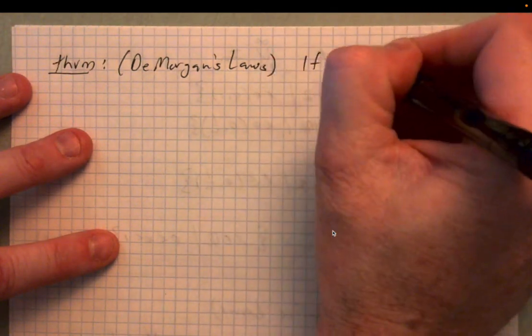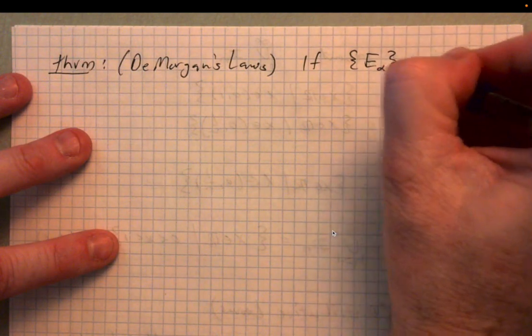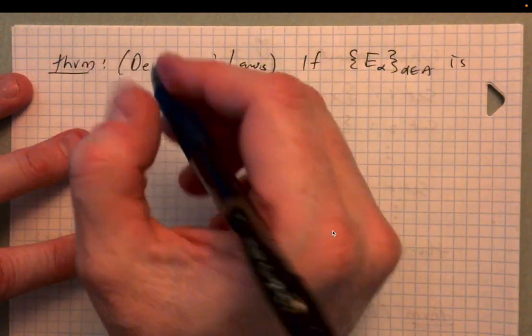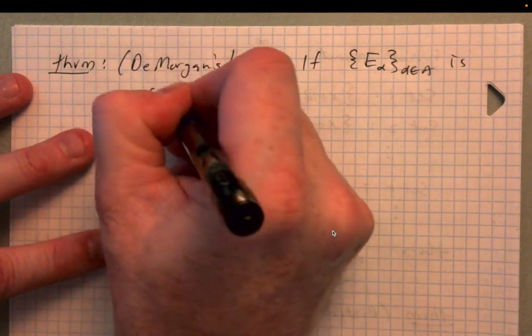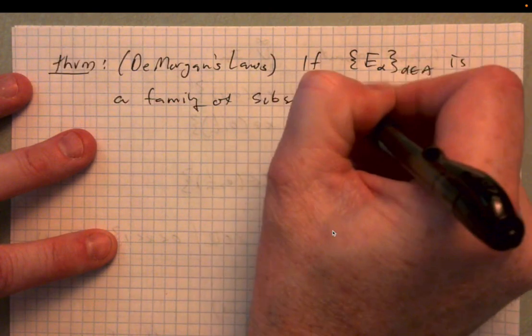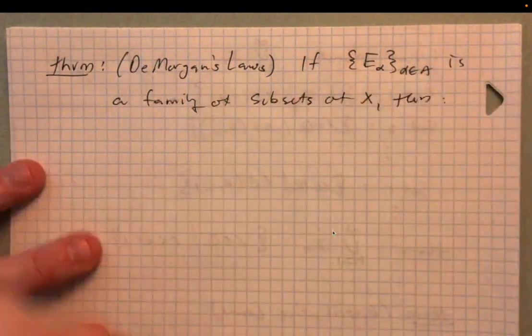So this one says if E sub alpha, alpha in A, is a family of subsets of X, then what?